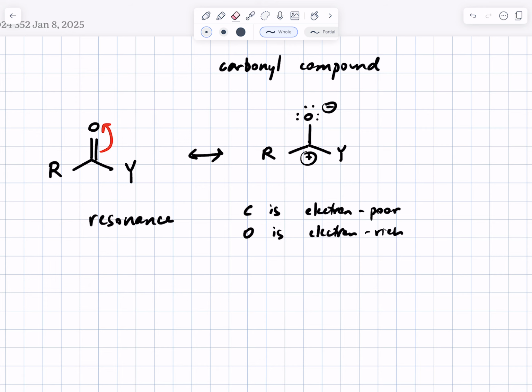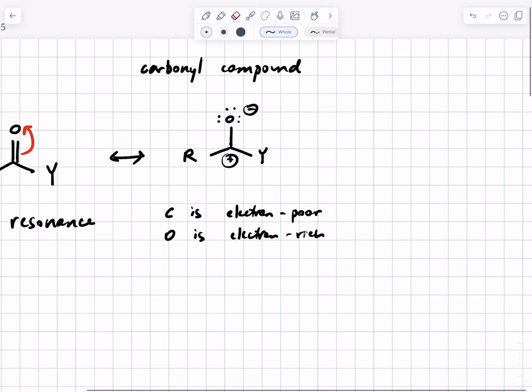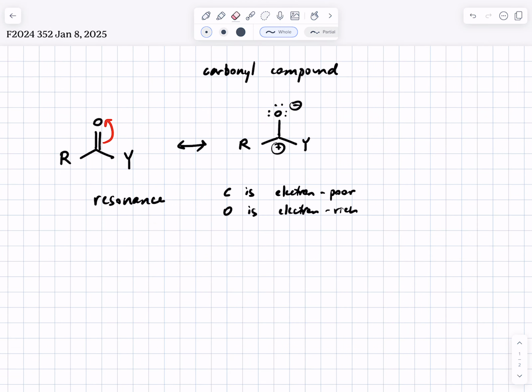That's important because all of what you learned in 351 could be summarized in the first and great commandment of OChem, which is nucleophiles attack electrophiles. You know where a molecule is nucleophilic by identifying the parts of the molecule that are electron rich, right?